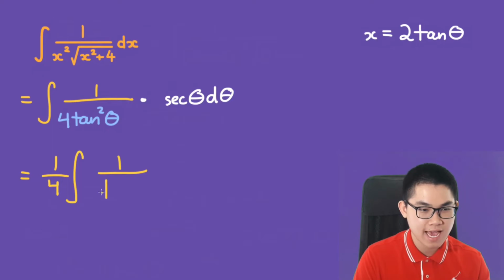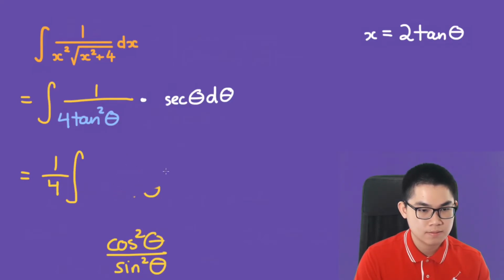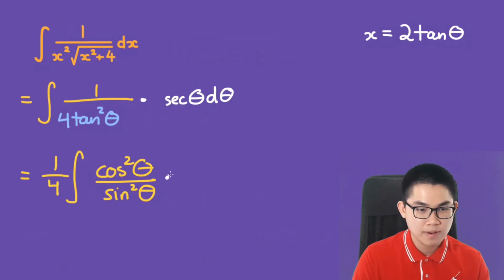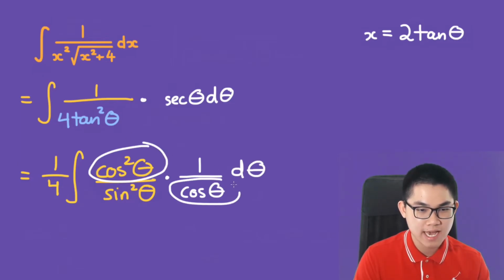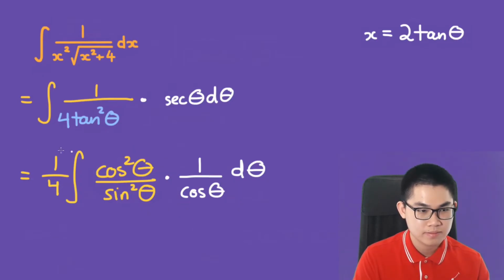And 1 over tan squared is basically the same as cosine squared over sine squared. Then we multiply by secant, and secant is basically 1 over cosine d theta. As you can see, we have a cosine squared and a cosine, so they cancel out. We can also get rid of this because this is basically times 1.